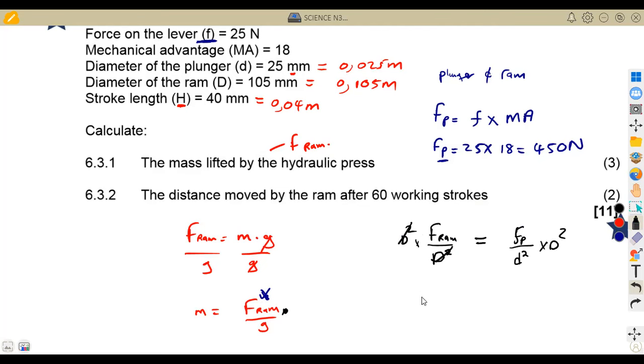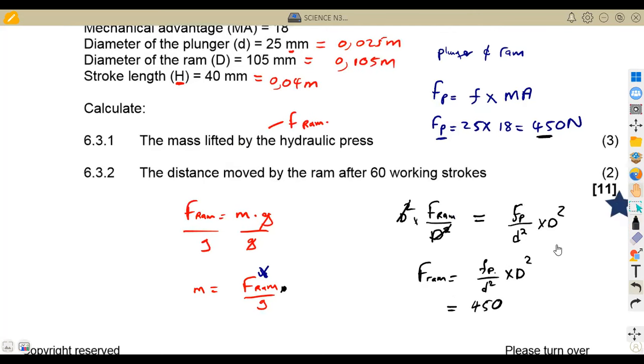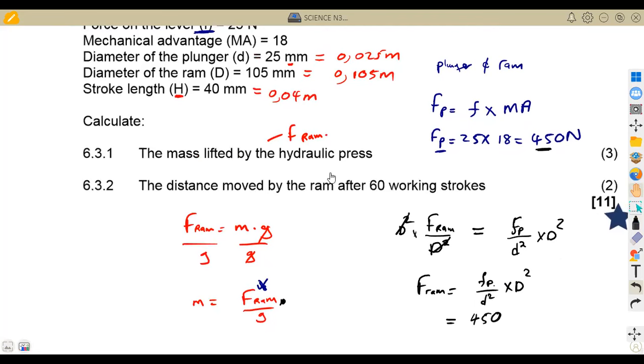So this can cancel. The force on the ram is going to be FP over d squared times D squared, where FP is the force on the plunger, the one that we calculated, 450. So that's 450 over d squared. Take note the diameter, the small letter, is on the plunger here, which is 0.025 meters.